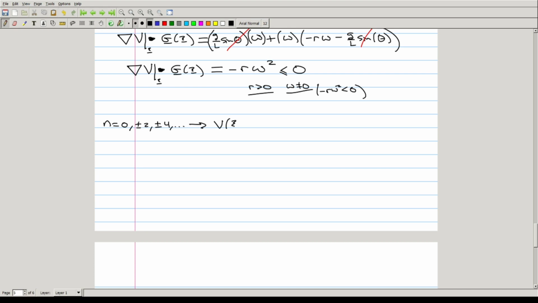V of xi star n is going to be equal to 0 squared over 2 plus g over L times 1 minus cosine of n pi, which is equal to 0 for even values of n. And for odd values of n, we don't get as lucky. But this has a physical reason as well.